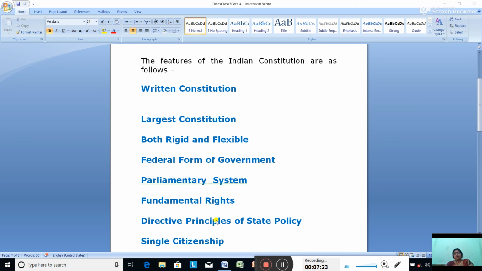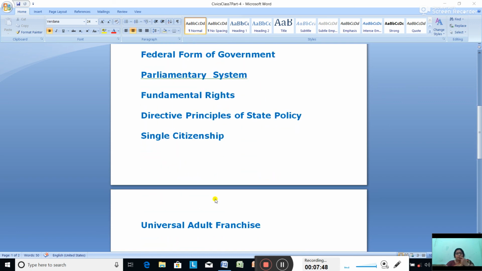In other words, in our country, we cannot have citizenship of a state, as in the case of the USA, where we have double citizenship. But in India, though we have so many states, what type of citizenship do we have? Single citizenship.